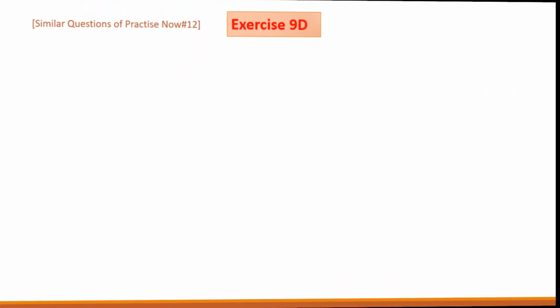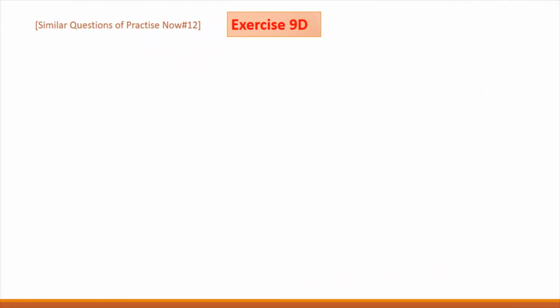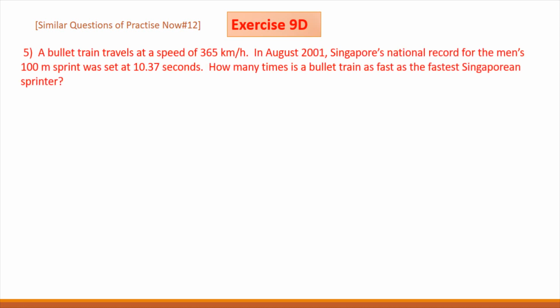Students, as you know that we are solving the similar questions of practice note 12 of exercise 9D. So question number 5 is our last question as far as this practice note 12 is concerned. A bullet train travels at a speed of 365 km per hour.